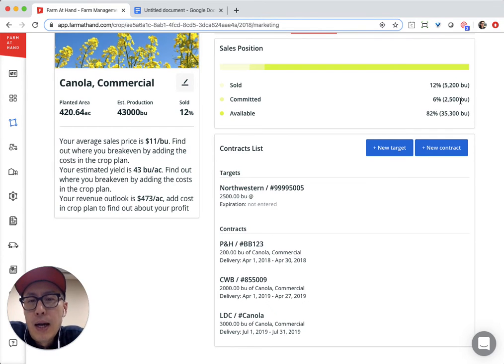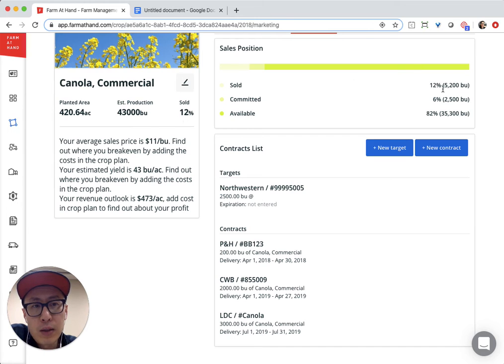Now, the available portion is what most folks get kind of stuck on here. Your available is actually your estimated production minus the total from your sold amounts and your committed amounts. You can see here there's an estimated production of 43,000 bushels.